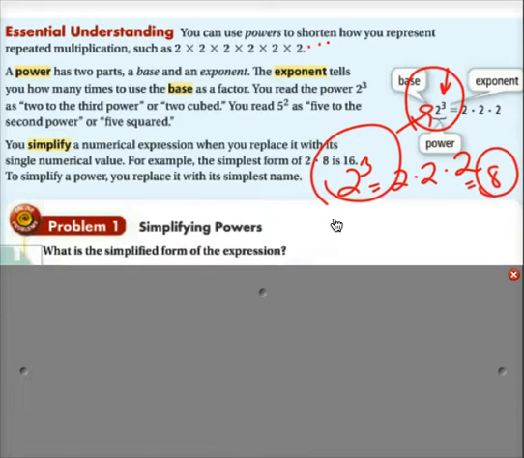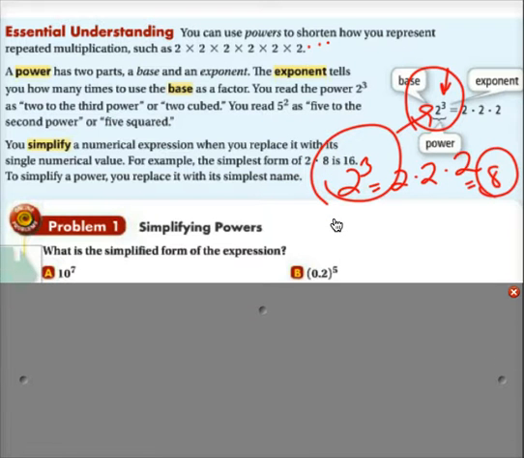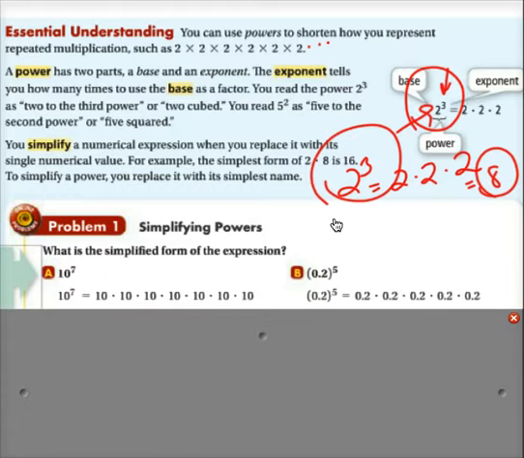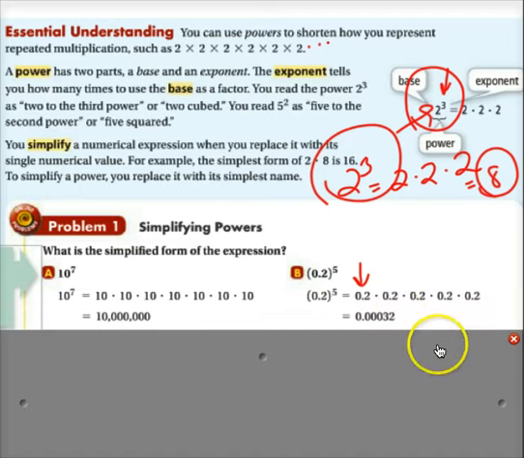Let's do 2 together. If I have 10 to the 7th, I can write that as 10 being multiplied 7 times. If I have 2 tenths to the 5th power, I can multiply 2 tenths together 5 times. And then I can go a step further and find out what that actually equals. This case is 10 million, and here is 0.00032.